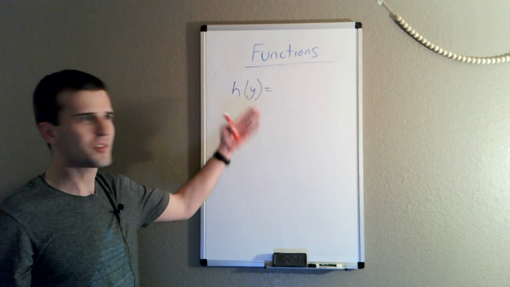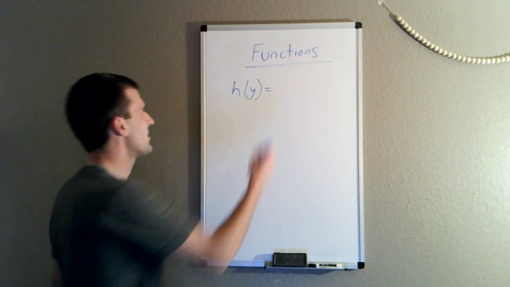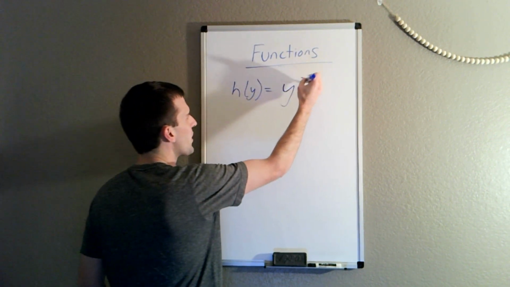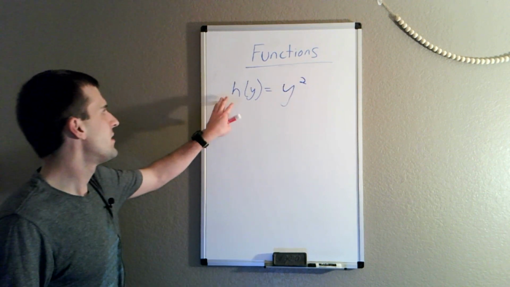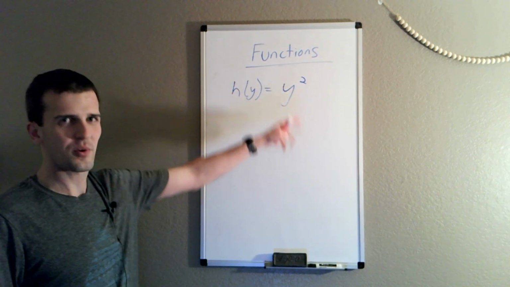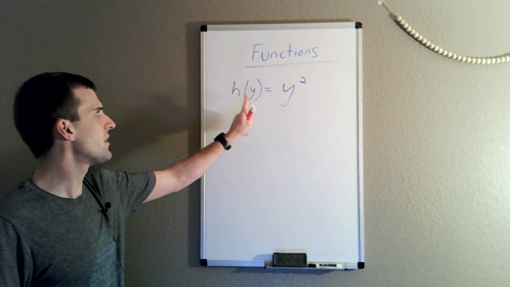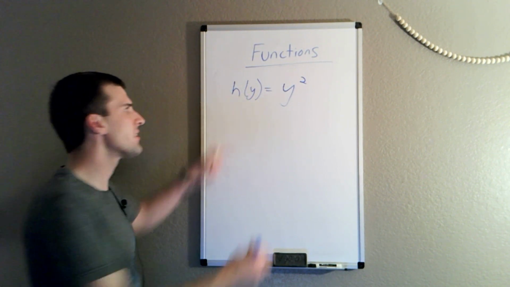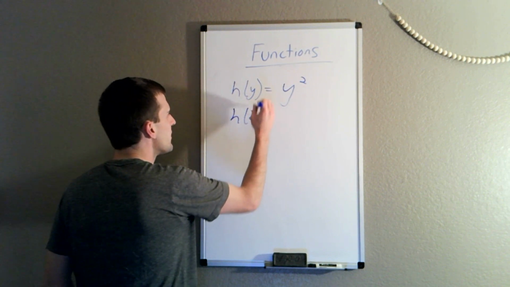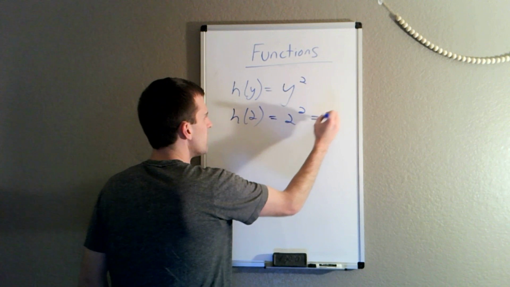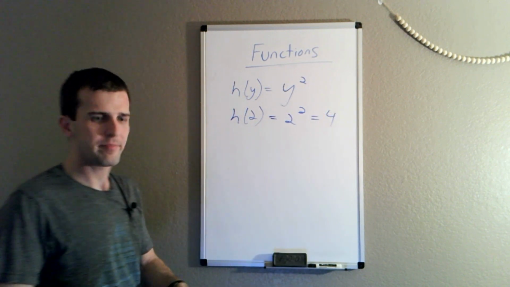I guess this is kind of a silly example because if we're dropping something, it's probably just going to be y. But let's say it's like y squared, for example. So let's say the height depends on y squared. So in here we could find a value of height by plugging in some number for y. So let's say h of 2. The height when y equals 2 is 2 squared, which equals 4.